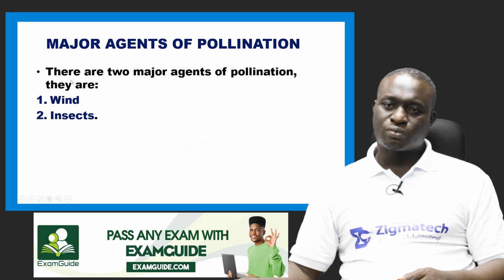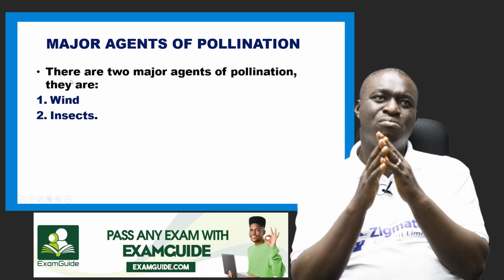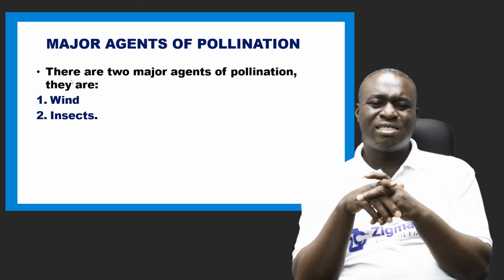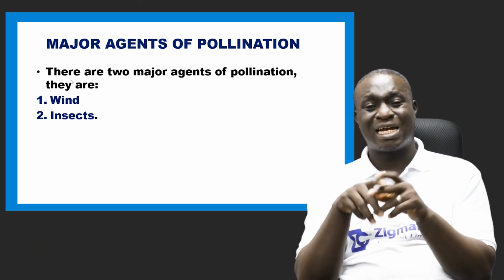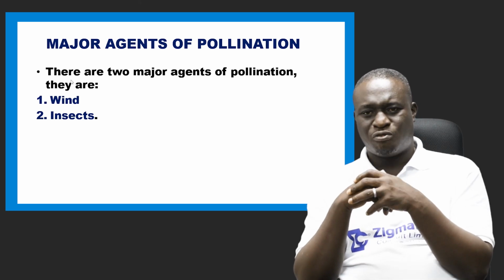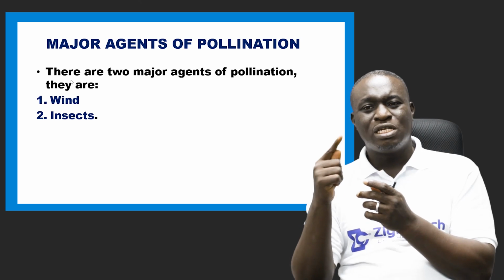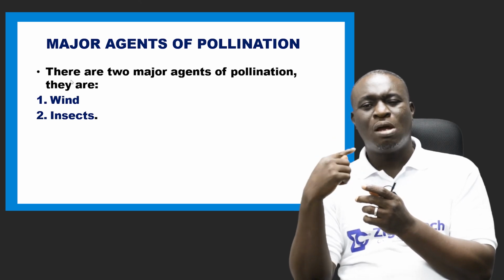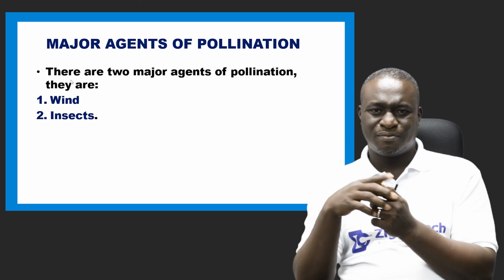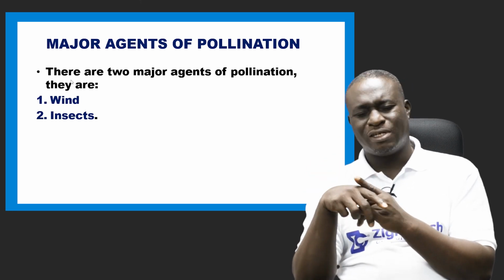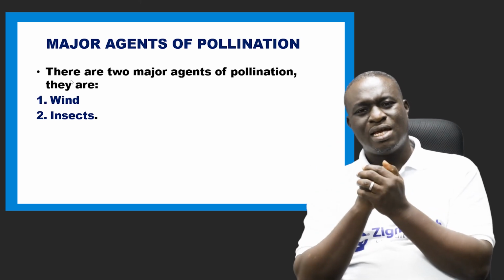All right? Now, let's take a look at major agents of pollination. There are several agents that are responsible. In fact, there are two major agents of pollination. It simply means that these two agents bring about pollination frequently. Number one of them, of all of them, is insects.